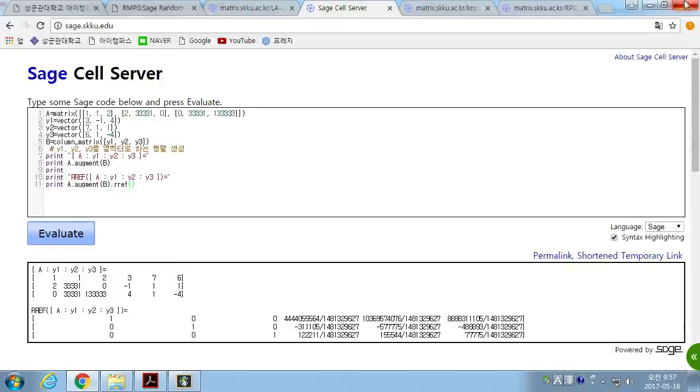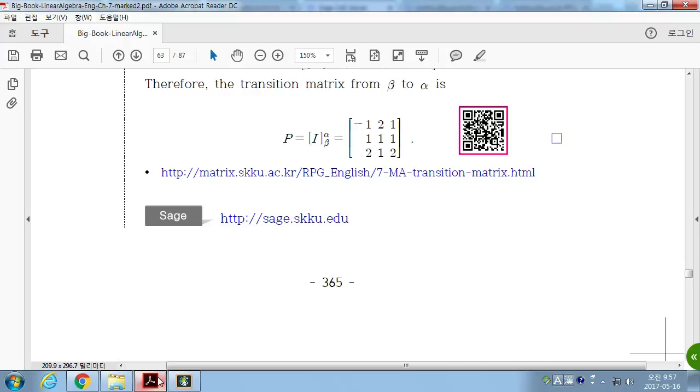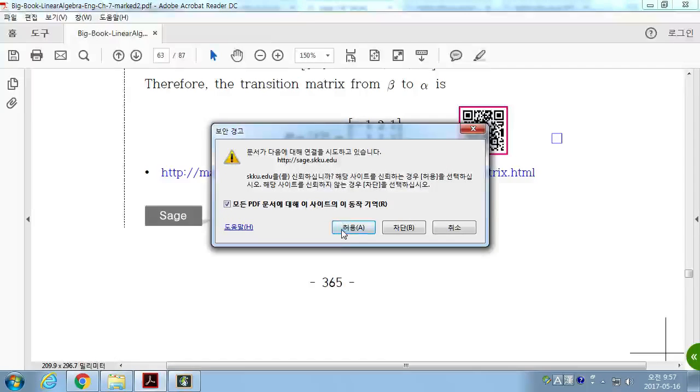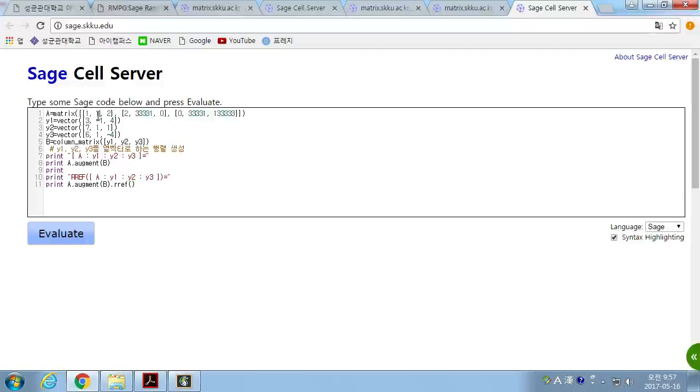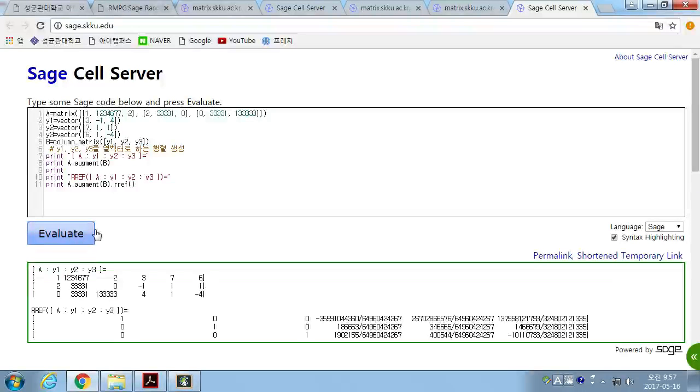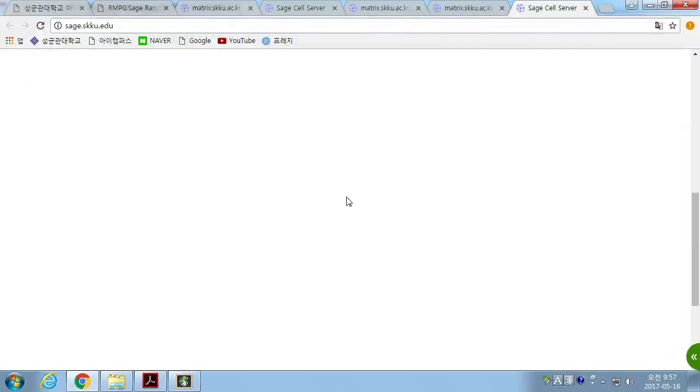So whatever you do, then you can solve it. So from here, for any problem, expand the size of the matrix to find the matrix P.